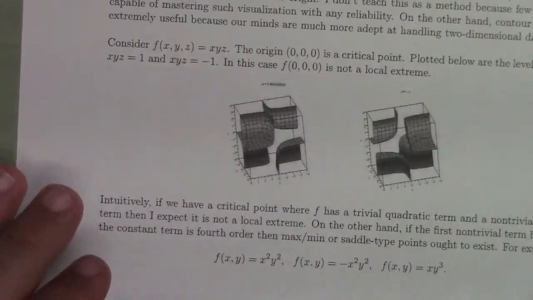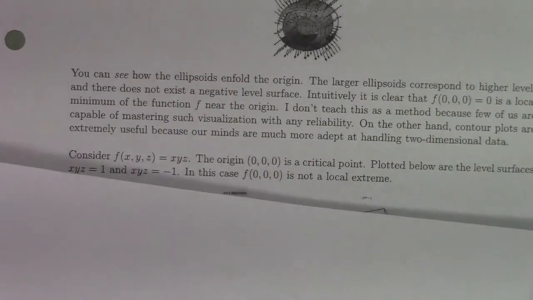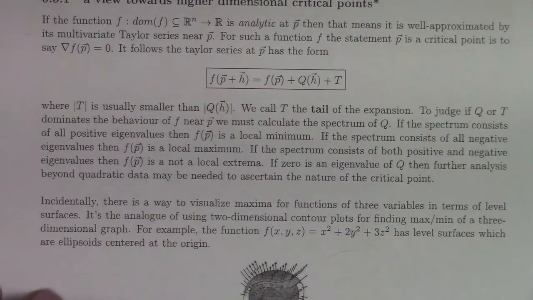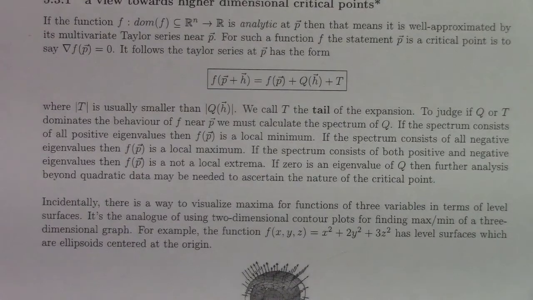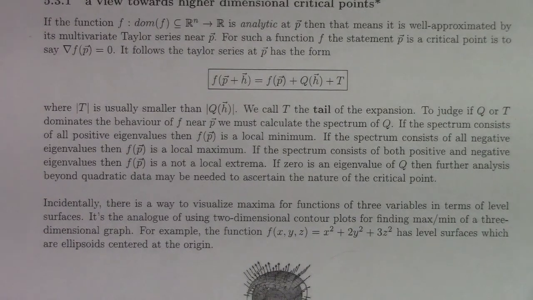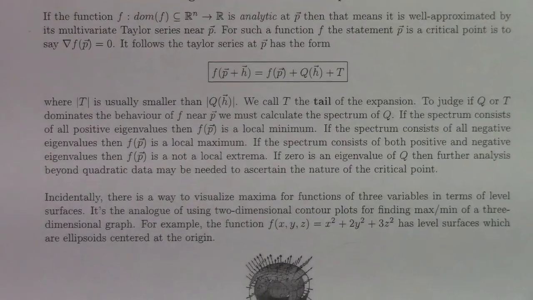And then here at the end of this, I'm basically circling back to what I did at the start of this lecture, and just talking about the idea that for functions of more variables, we really need to look at the eigenvalues of the Hessian matrix, and the set of eigenvalues will determine the nature of the critical point.